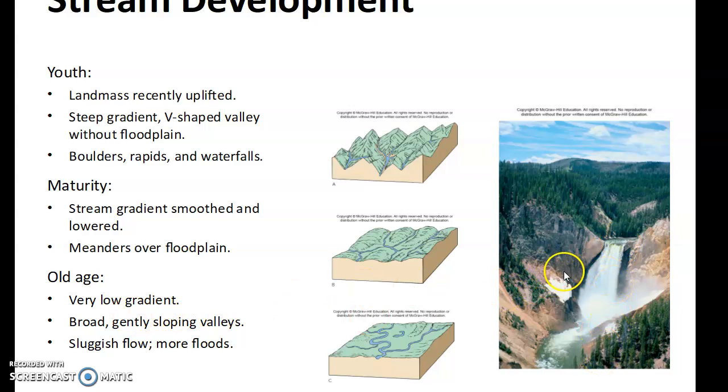We actually had a lot of mills in this section of Missouri a number of years ago, using the very rapid waterfall movement to grind meal and other materials. Old age: very low gradient, broad, gently sloping valleys, sluggish flow, more floods, and that type of thing. This is down here, delta areas.